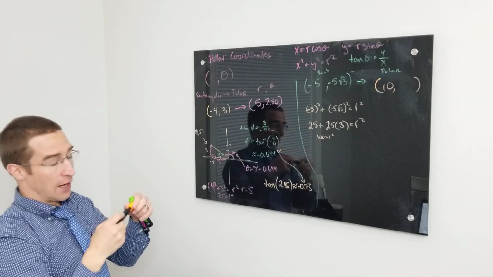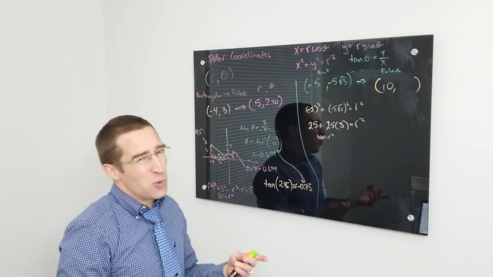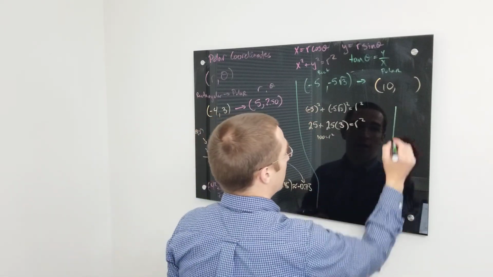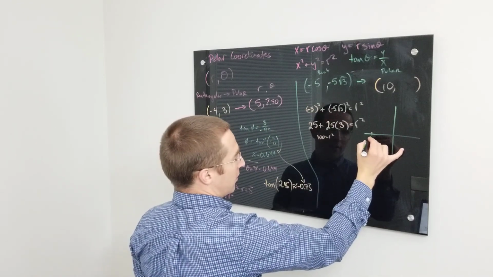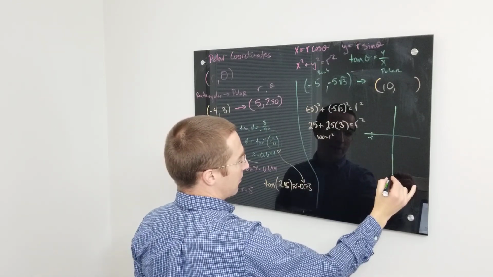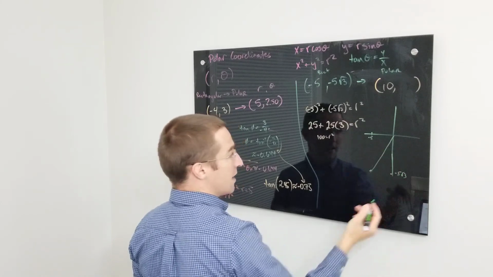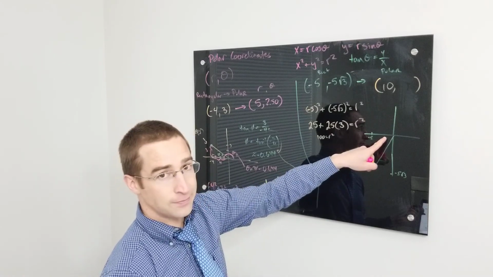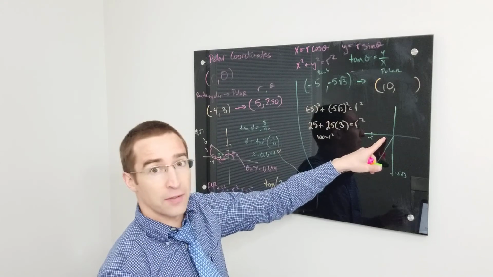Now we're going to find our theta. In finding our theta value, we want to graph it and make sure we understand what quadrant it is in. So I'm going to go negative 5, and then negative 5 root 3 right there. This is going to be a pi over 3 reference angle.